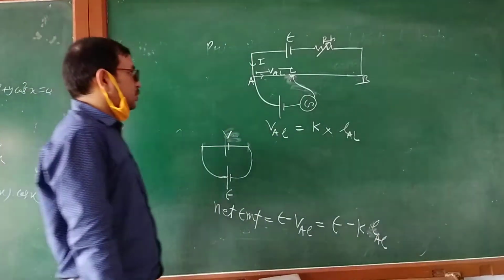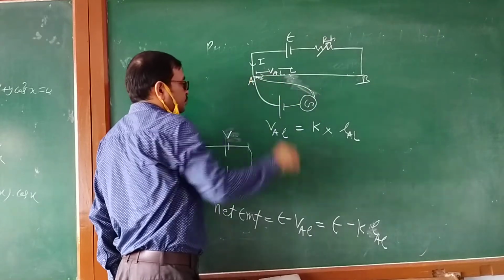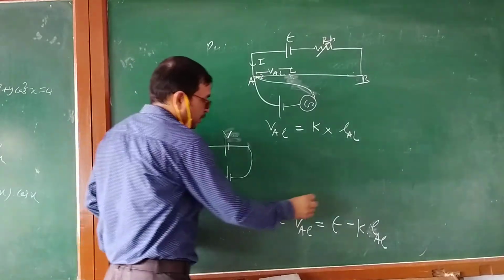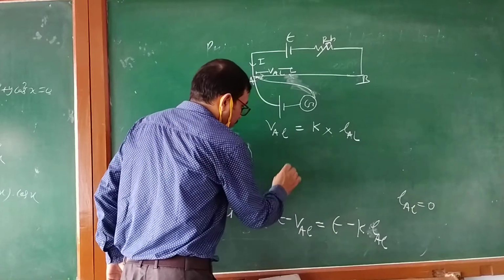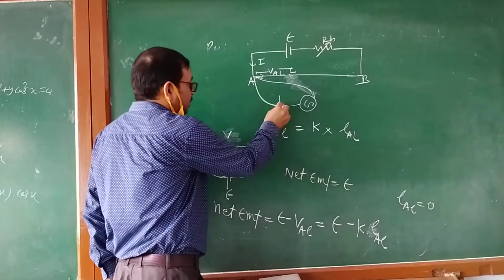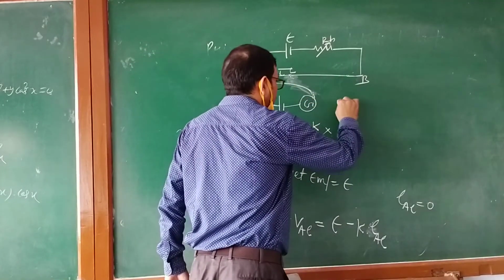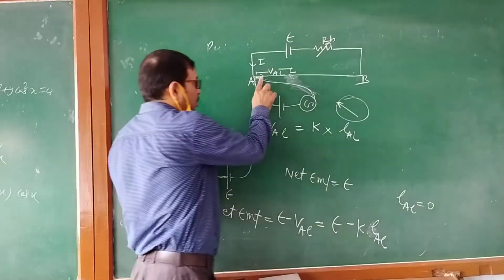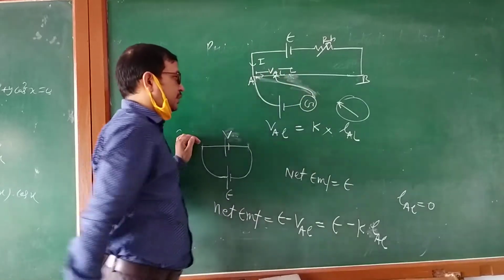Now you can see, students, when I am making this length 0, what will be the net EMF? When the length AL is 0, the net EMF is equal to E, which means current will start from here and come like this. So the galvanometer will show deflection in this direction. Now second point, we will move this cursor a little to the right side.